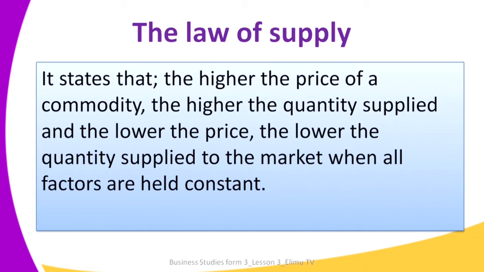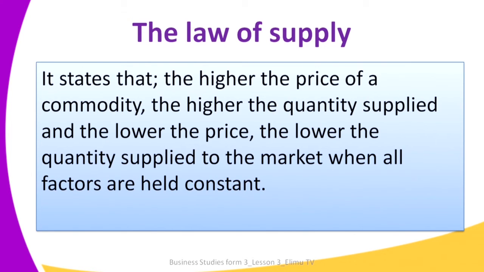And it's from that now we come up with the law of supply. The law of supply states that the higher the price of a commodity, the higher the quantity supplied, and the lower the price, the lower the quantity supplied to the market when all other factors are held constant.